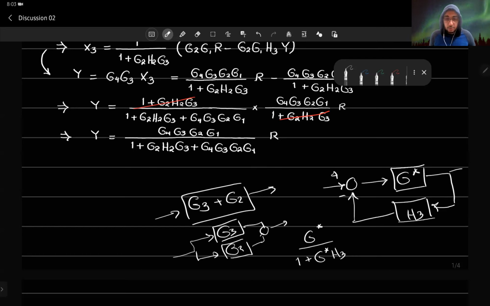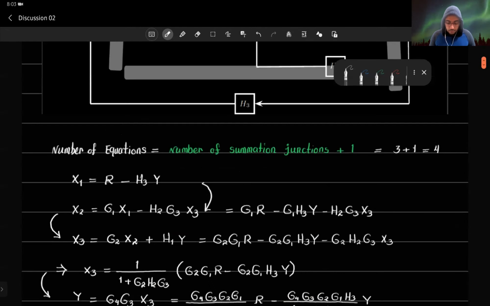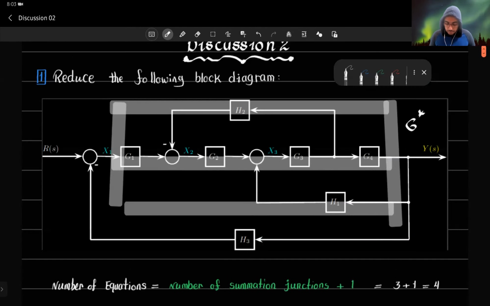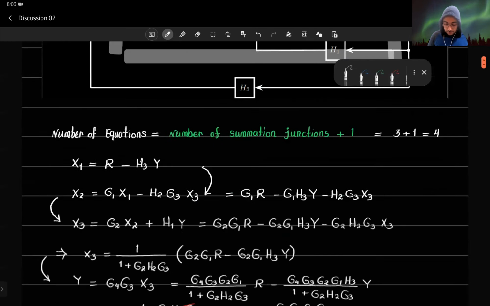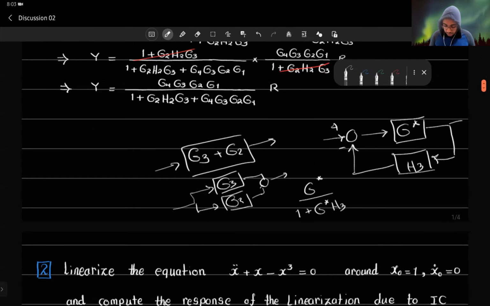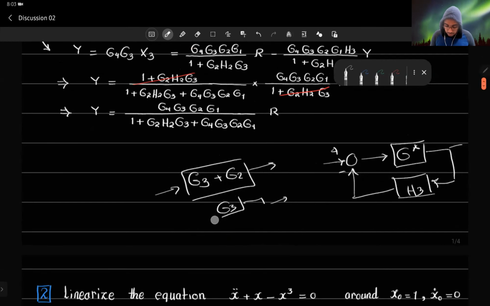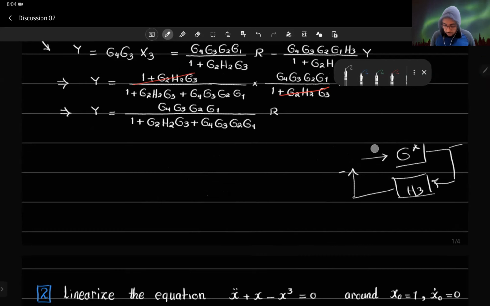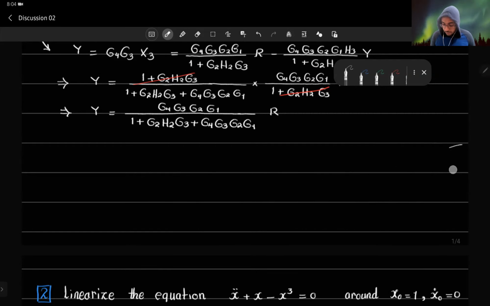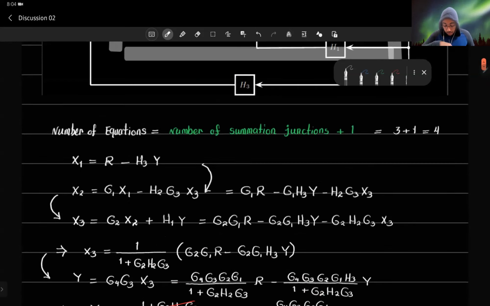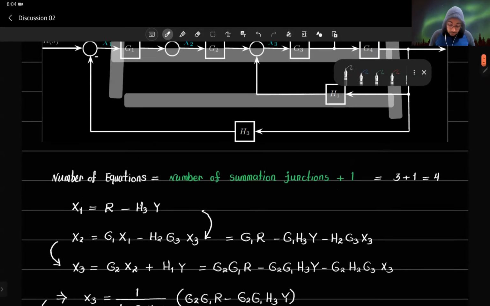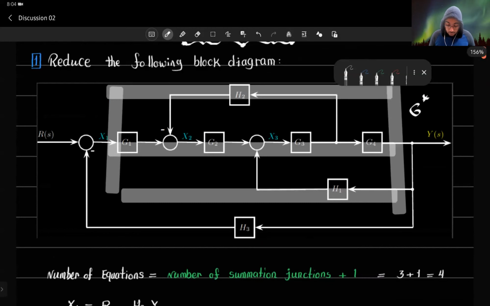We can use these primitive rules to simplify, and there are other rules as well to simplify a graph like this. However, this is not my favorite method because it's not systematic. So the systematic method that we're going to do today is the one adopted by Professor Marco, which is as follows.